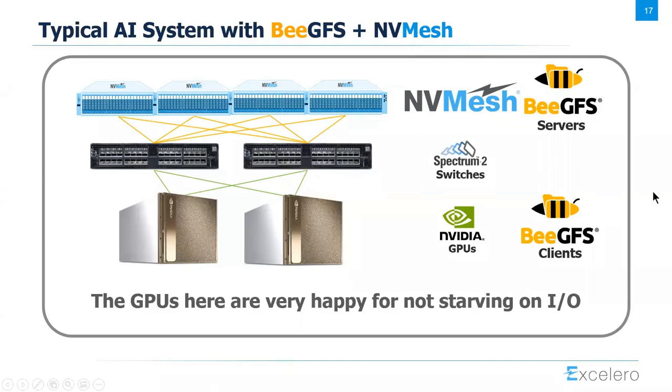So we can see here a typical example of how things would be deployed. We've got two NVIDIA machines connected to InfiniBand switches for low latency and bandwidth. And then those switches are all cross-connected to servers that run both NVMesh and BeeGFS. So they use the internal U.2 NVMe drives, and NVMesh creates logical volumes, BeeGFS re-exports them, and the NVIDIA machines mount them and access them.